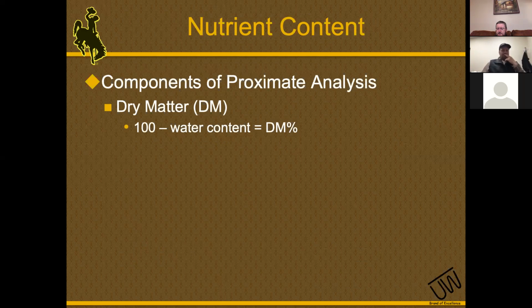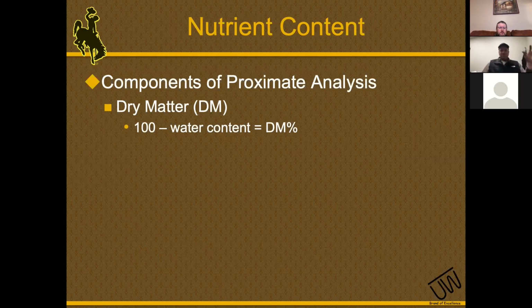If I calculate a feed at 90% moisture versus a feed at 65% moisture, those are two different amounts. I need a cow to eat at least 20 pounds of dry matter a day. That's going to be like 40 or 50 pounds of corn silage compared to 30 pounds of hay.